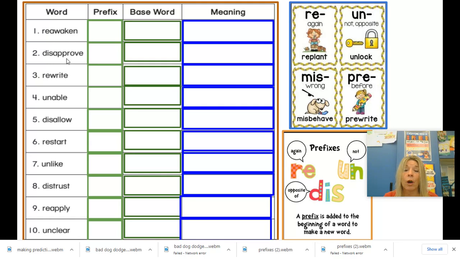Think about what part of that word is your prefix, what part of that word is your base word or root word, and what's the meaning of disapprove. So I'll let you think for a minute. Your teacher may pause the video. She may talk about it. If not, we'll move on and we'll see if what I have come up with is the same that you're thinking. So here we go.